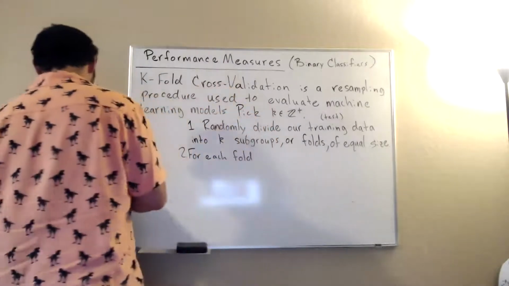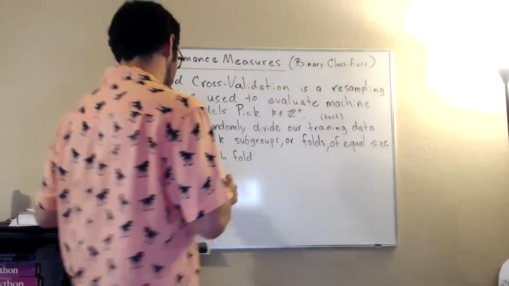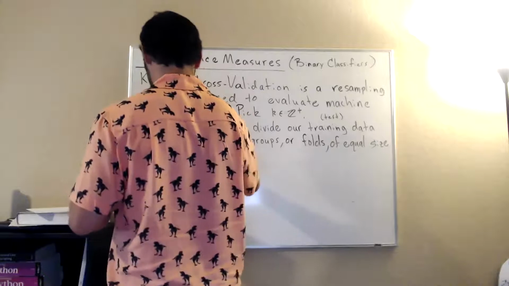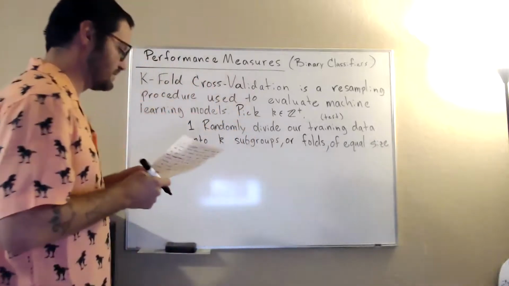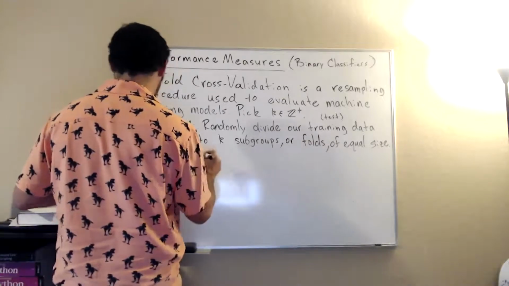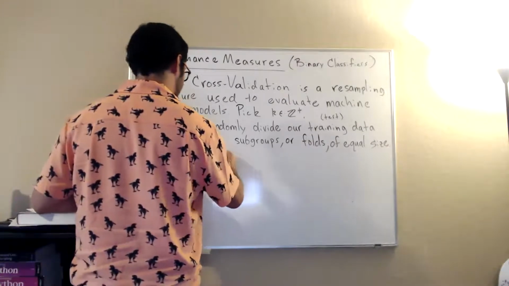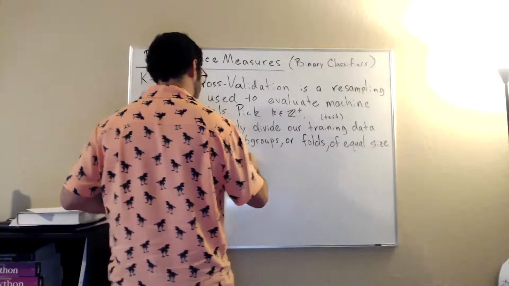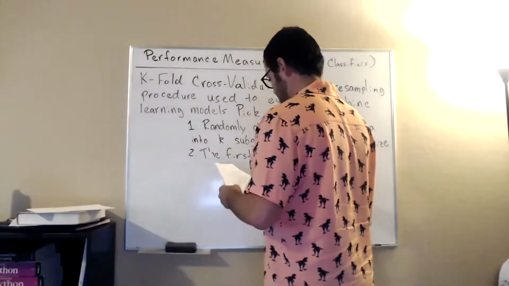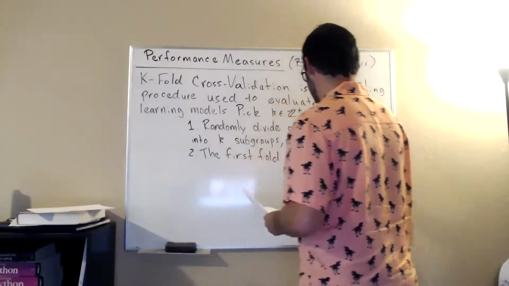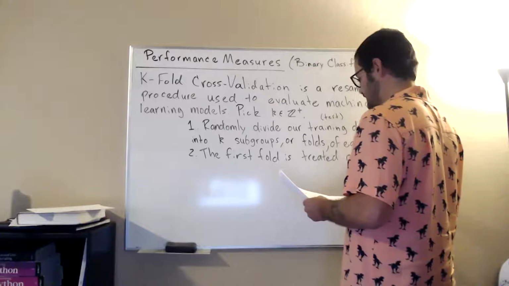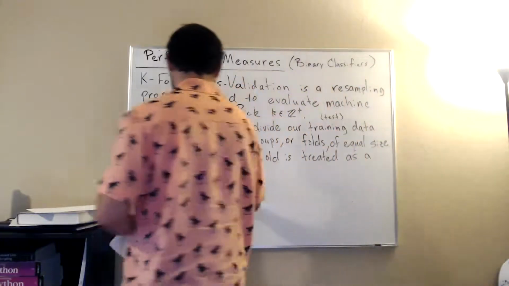the best way to describe this, the wording is kind of strange on this, so I guess I'll just go with what I had to put down. The first fold is then treated as a validation set.